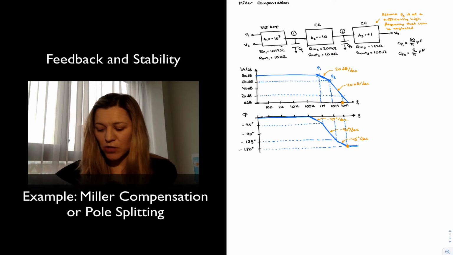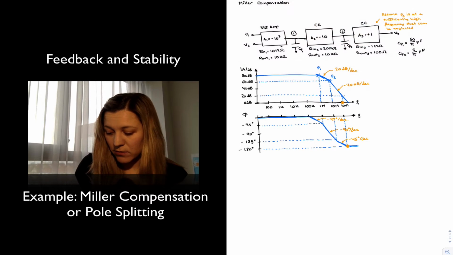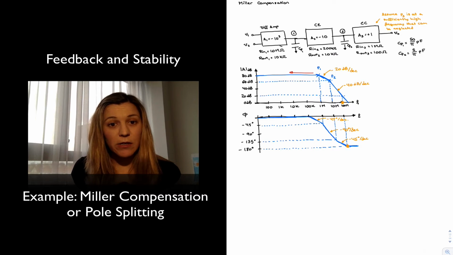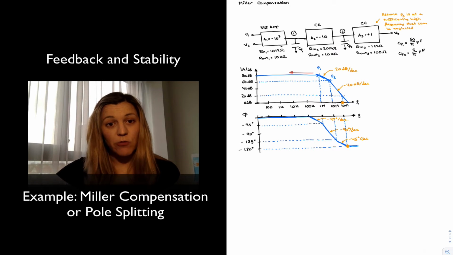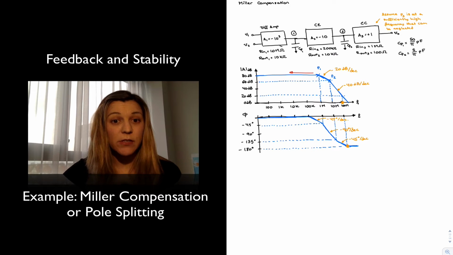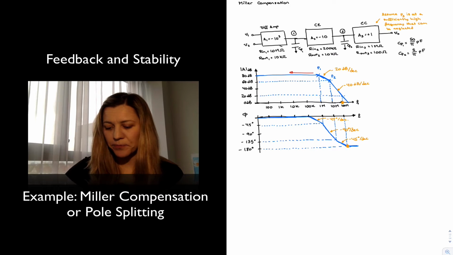However, if we shift the location of pole P1 to the left, in that direction, our gain will start rolling off sooner, and therefore by the time we reach the 180 degrees phase shift, hopefully our gain will be lower than 0 dBs. And that's how we will achieve stability.